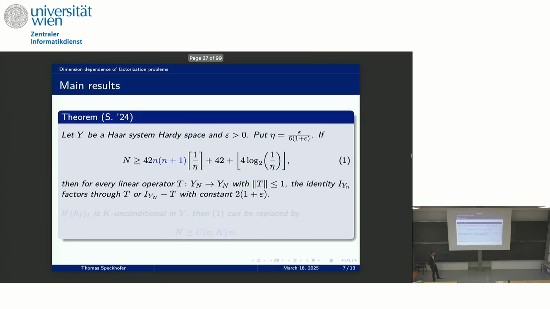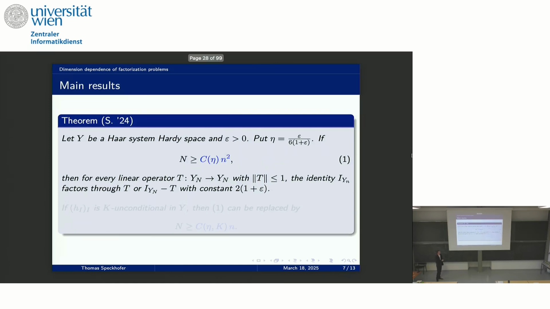And in fact, the only thing that matters in this inequality is the dependence on n, so we might as well write it as capital N is at least a constant times little n squared. And if the Haar system is unconditional in the space under consideration, then in fact this inequality can be replaced by a linear inequality. So capital N is at least a constant times little n.